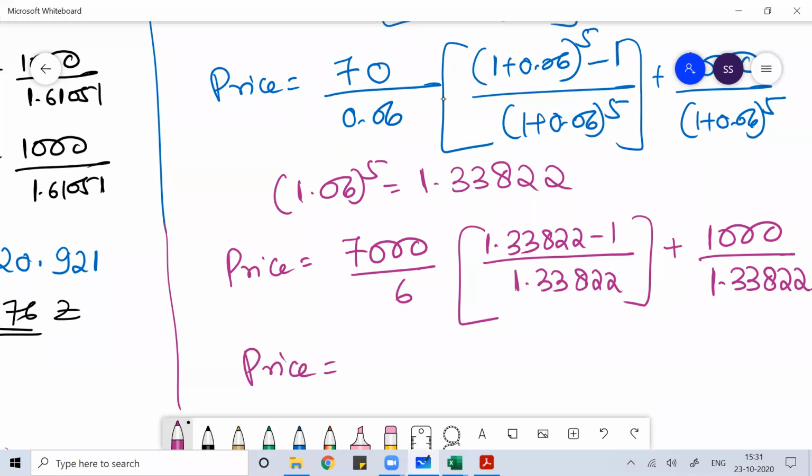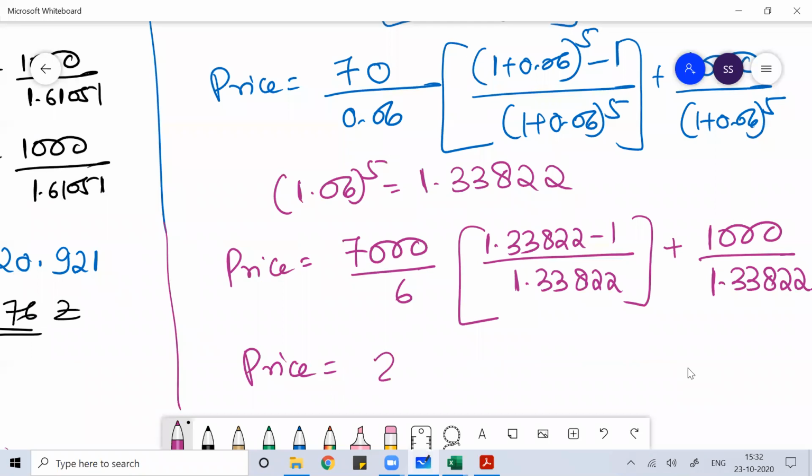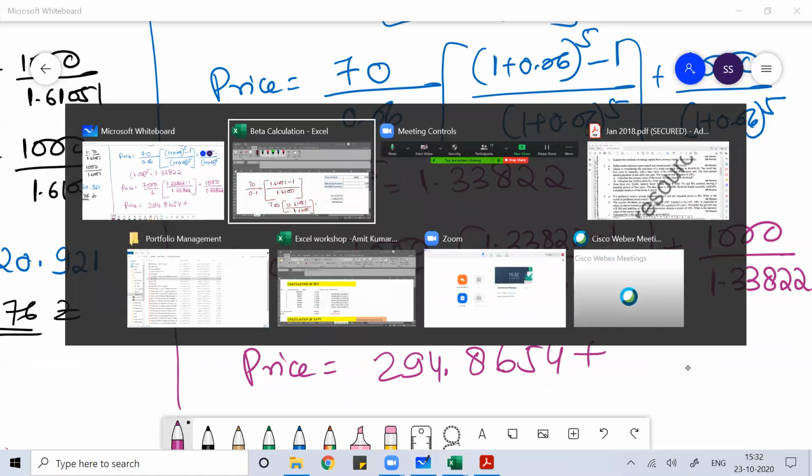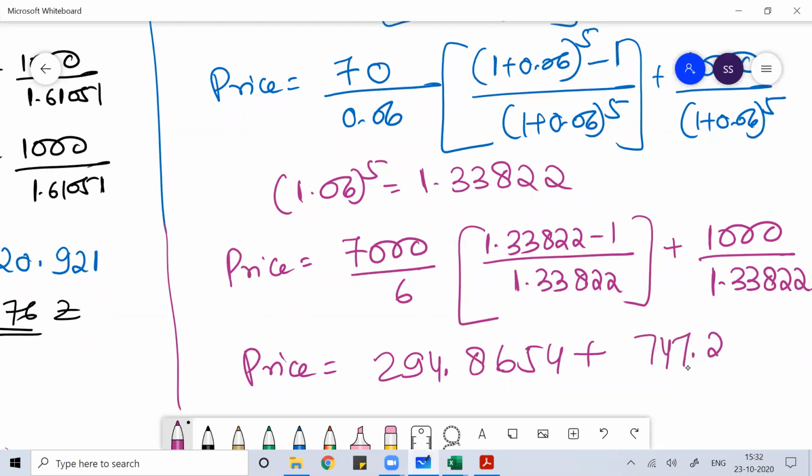So 70 divided by 0.06 times this minus 1 divided by this gives 294.8654, plus 1000 divided by 1.33822, which is 747.2581.